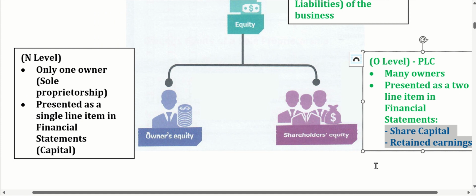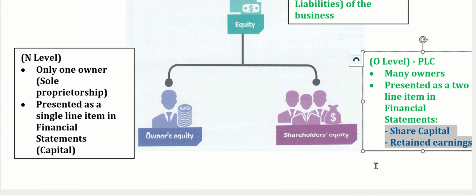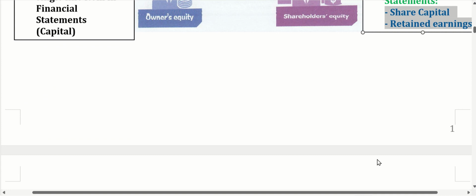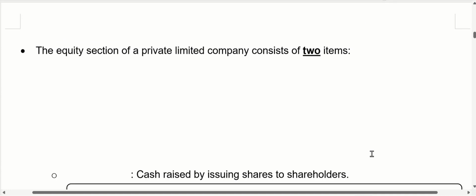Because the ownership structure of a private limited company is different from a sole proprietorship, there are also different things in the shareholders' equity. So the equity section of a private limited company consists of two items, all right?